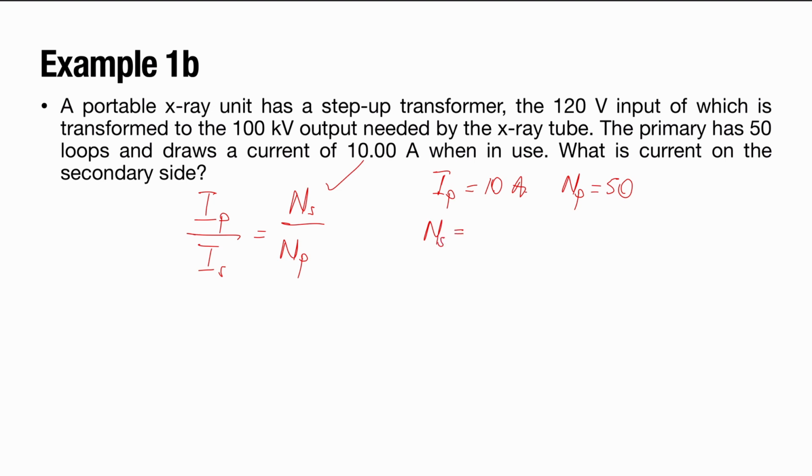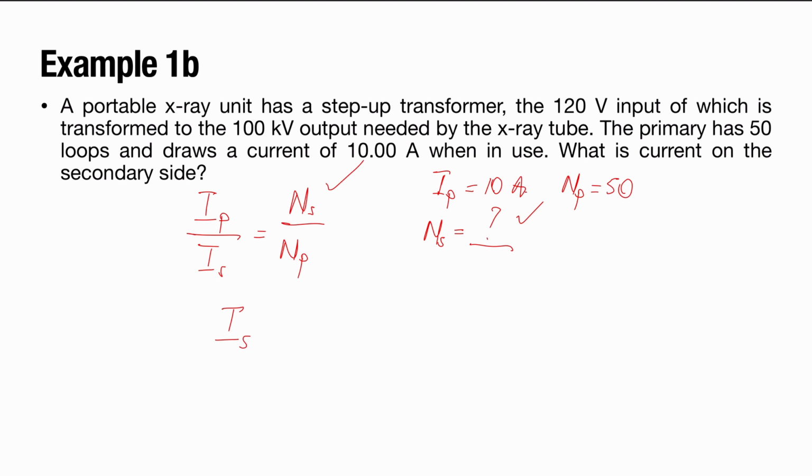Ns, the number of windings on the secondary side, you are going to determine. So for this, I'm going to use a question mark. Now, once you've obtained this, determine what Is is going to be. That is the current on the secondary side.